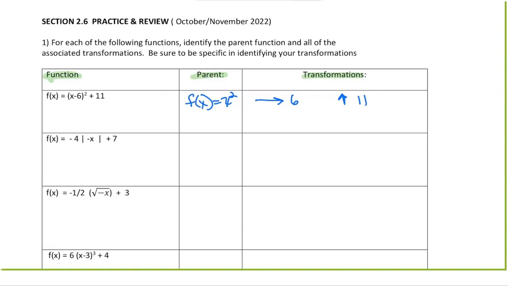If we ignore all the numbers and the negative signs, we get a parent function of f of x equals absolute value of x. Okay, so now what's happening? I'm going to start inside, and I'm going to say where we have a reflection or flip. Reflection. It's next to the x, so it's over the y-axis. So that could be a horizontal reflection.